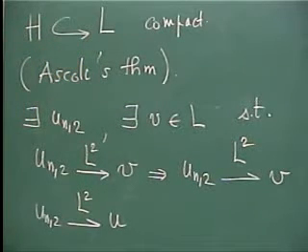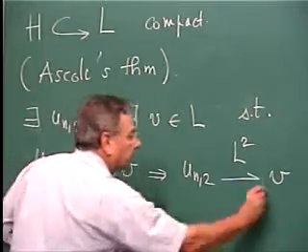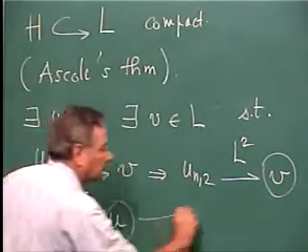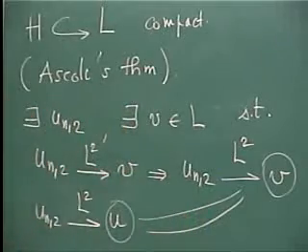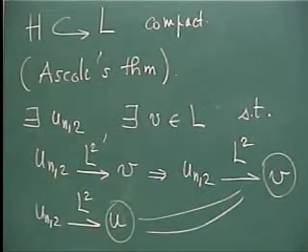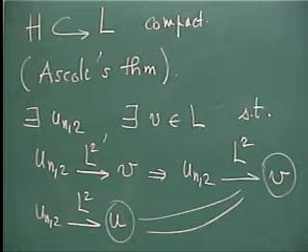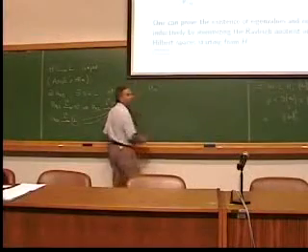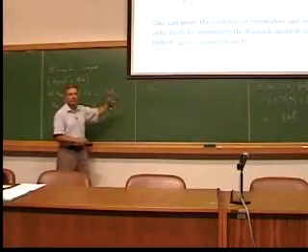Okay, so now you can conclude that these two functions must be the same. So finally you have obtained the following: you have some sequence u_n. Just forget subsequences now, I just forget the indices.